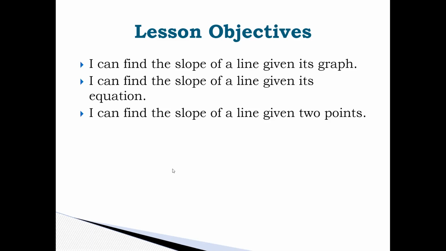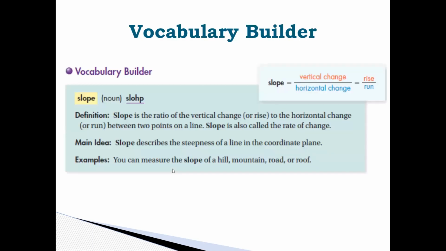Then we need to be able to find slope given 2 points, just by doing a little calculation. We talked a lot about all the different ways that slope can be described. The vertical change over the horizontal change. We've got rise over run. We've got m. We've got y2 minus y1 over x2 minus x1. They all refer to how steep or how flat a line is.